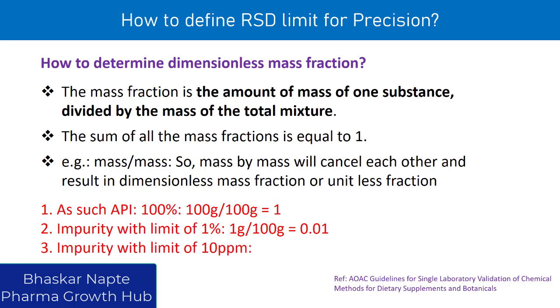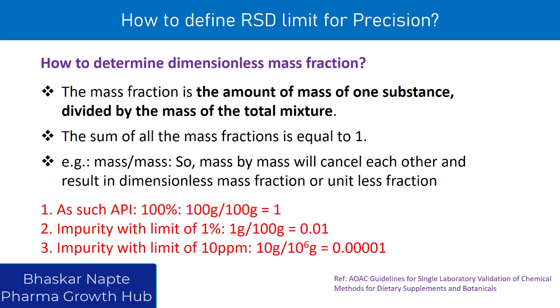Let us take one more example. Impurity with the limit of 10 ppm. So what is the definition of 10 ppm? The content of substance in 10 raised to 6 parts of the given sample. So with the 10 ppm, you can easily understand that 10 gram of the impurity must be present in the 10 raised to 6 gram of the sample.